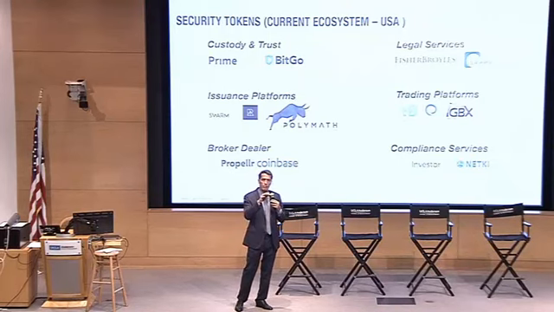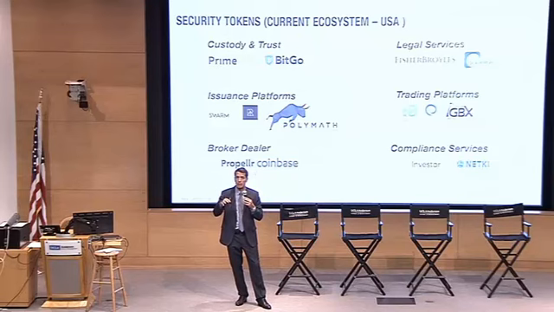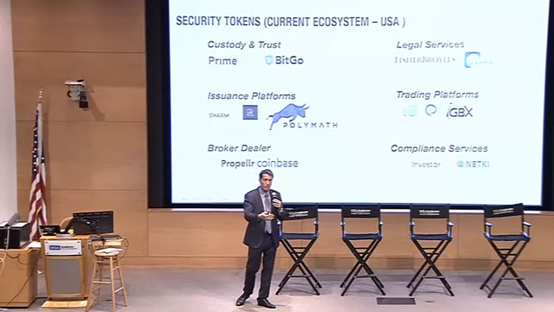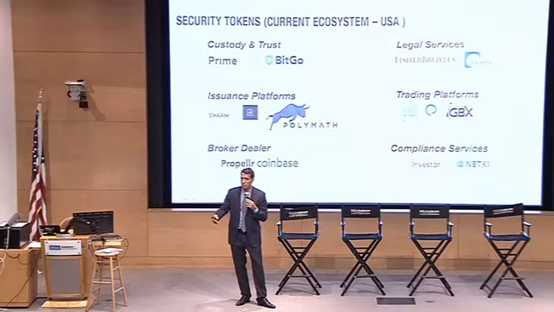This talks a little bit about the ecosystem, right? And because these are security tokens, they tend to represent what's already existing in the market, right? So if you are an institutional investor, you need custody, right? Who's going to have the keys to the Bitcoin?